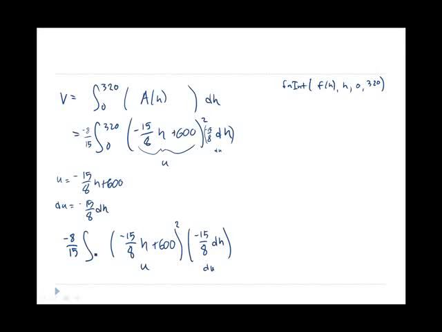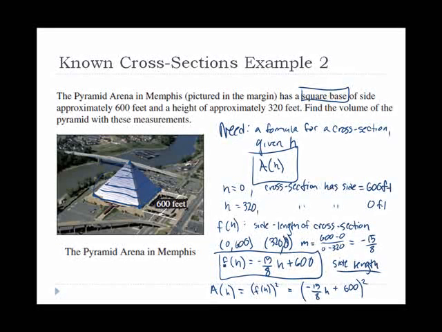Now my limits, let's think about the limits. If the height is 0, what is negative 15 over 8h plus 600? What did that represent? Let's go back here. That was my f of h function, right? Which represented the side length of my cross section. So what is the side length when our height value is 0? We're going from 0 to 320.